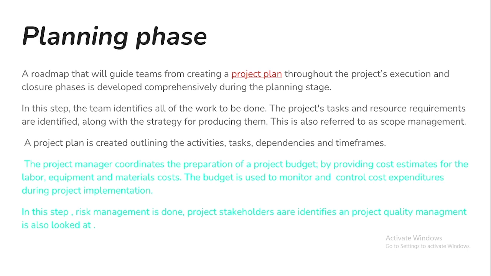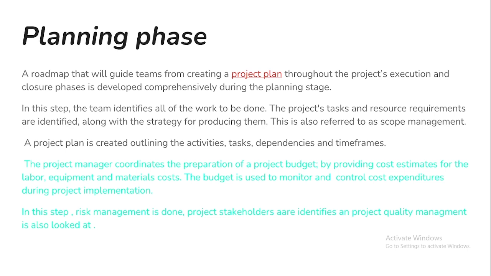You as a project manager in this planning phase, you have to come up with a project budget, which provides estimates of costs required for the project, either labor, equipment, or materials if it's a construction project, or if it's a development project, the cost of the activities that you're going to implement, be it trainings, be it the different projects you're going to implement.